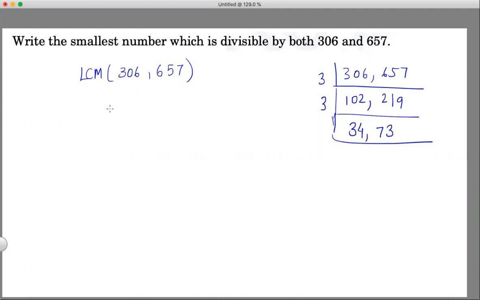So it is equal to 9 into 34 into 7. Can you do that?